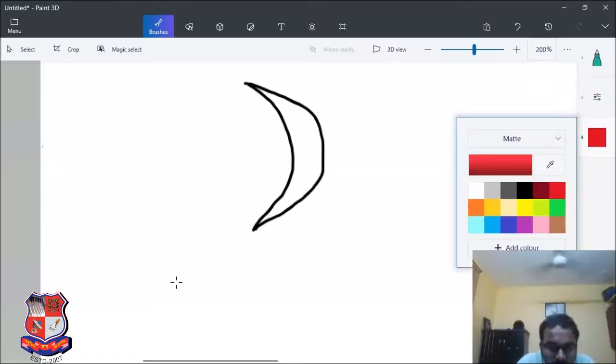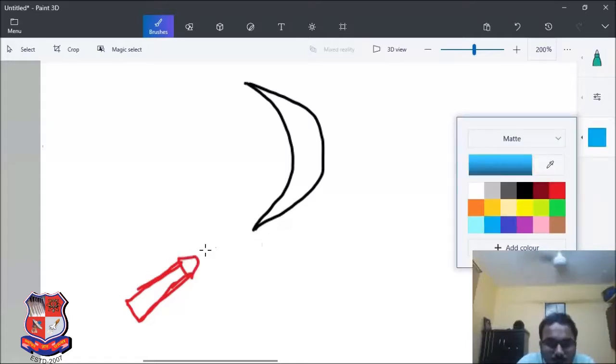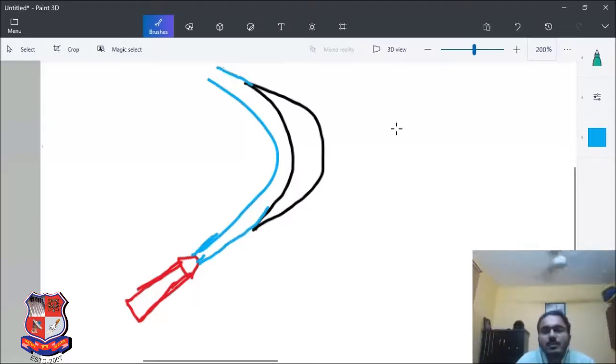So we will have a nozzle in such a way. So now in this way the water jet will be passing through this blade.